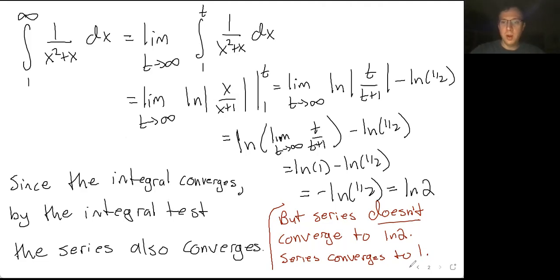So let me do one more example that has a little more going on, especially in the beginning part, checking these conditions on the function. So let's take our standard kind of problem.